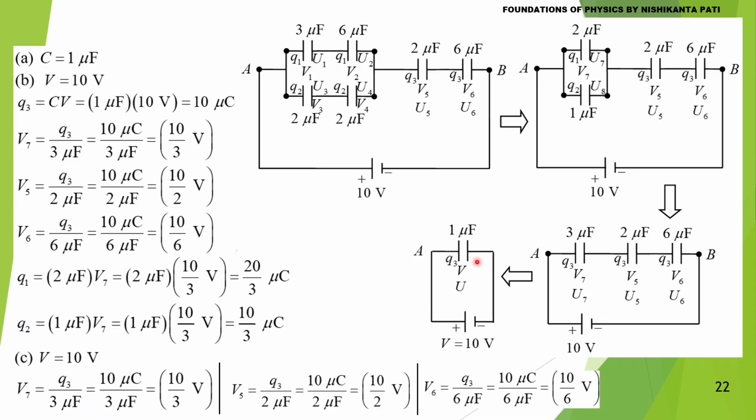So Q3 is equal to CV. Then solving Q3, V7 is Q3 by 3 microfarad. V5 is Q3 by 2 microfarad. V6 is Q3 by 6 microfarad.